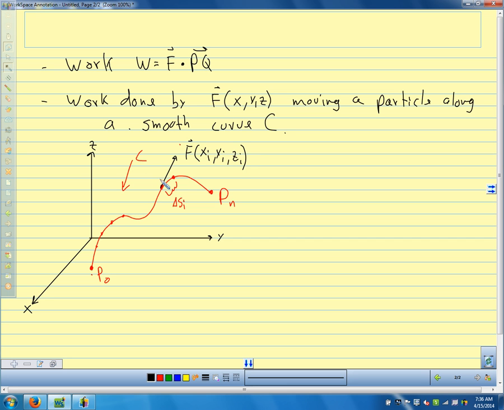So we're going to sum the work done by this force along each little portion that we divide the curve into. So let's magnify this little portion. I'm going to magnify this a little bit. So here's delta s sub i.